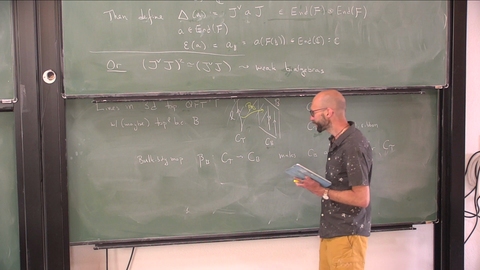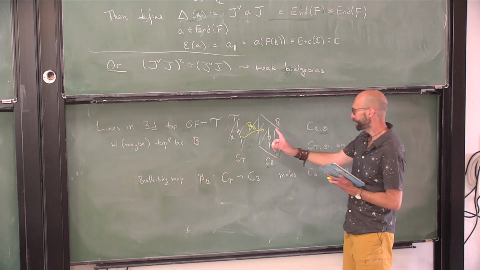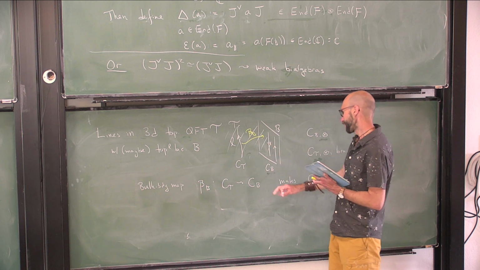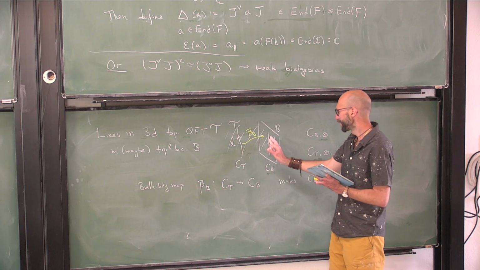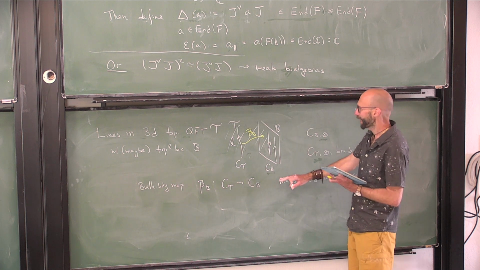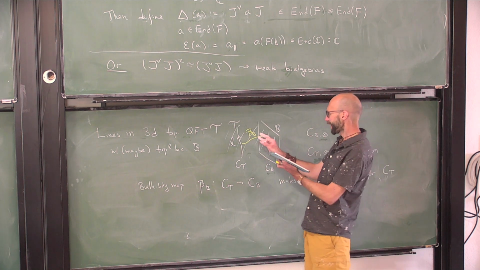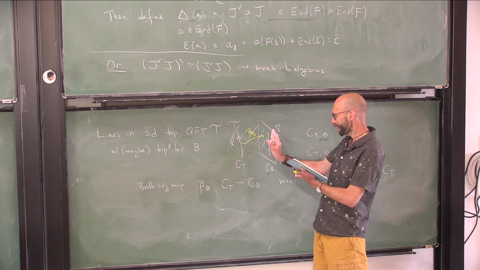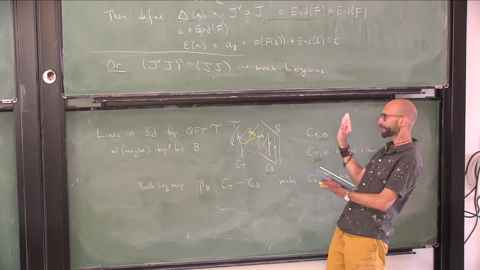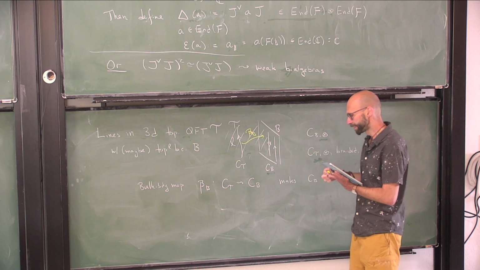But in fact, there are 2 such things. There are 2 module actions. If I have a fixed boundary line, I can use a bulk boundary map to the left of it, or I can use a bulk boundary line to the right of it.